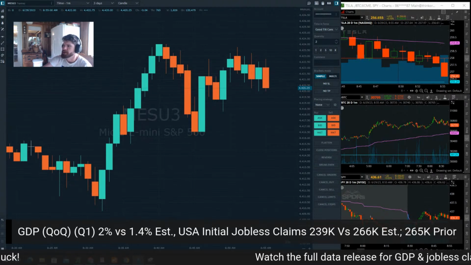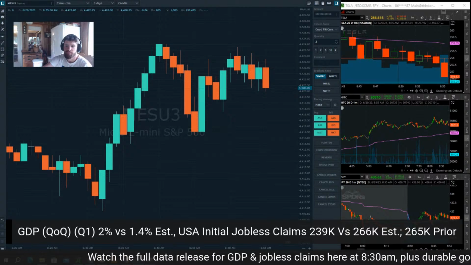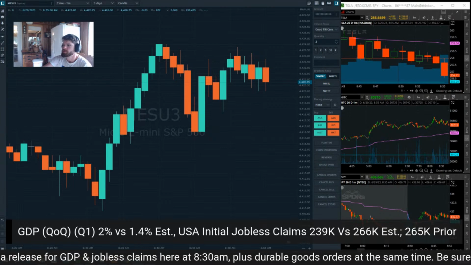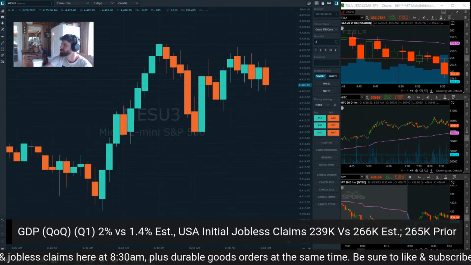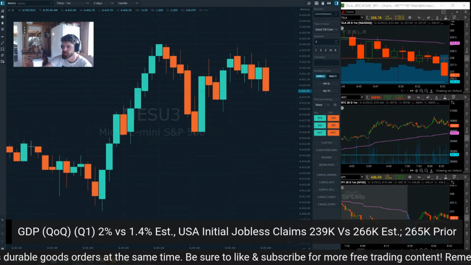GDP data came in positive. What is this moving up? ExxonMobil's starting to bounce up a little bit too.